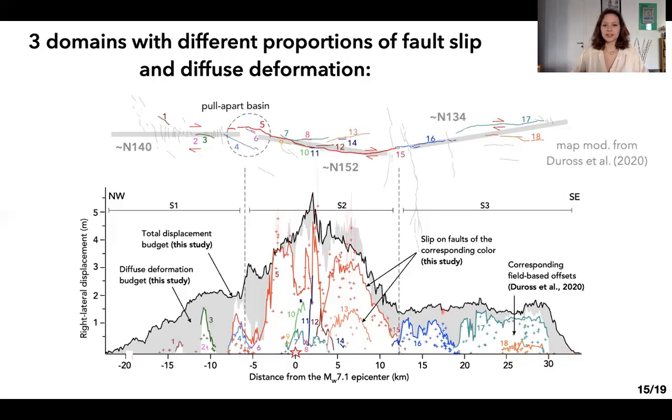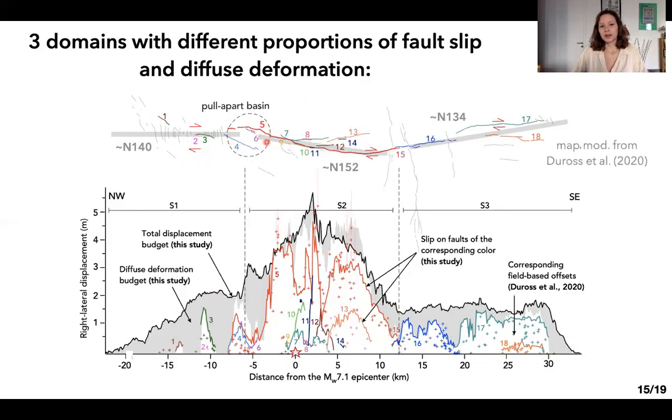And when you compare this distribution with the geometry of the fault system, you see that you can also divide the fault system into three different segments. The first segment consists of a series of left-lateral faults to the north, oriented north 140, in the middle. Then you cross a major geometrical barrier, which is this 2.5 kilometer wide pull-apart basin.